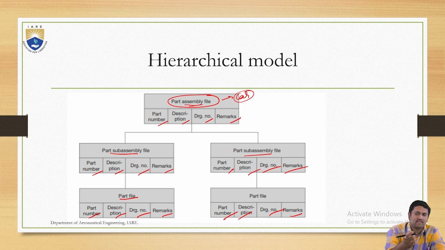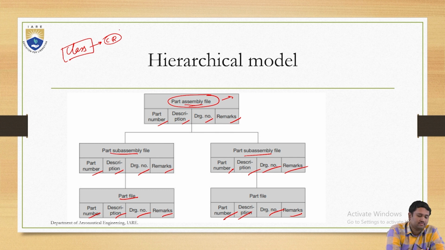For example, we will take another example, not the car. We will take an organization, let's say, an Institute of Aeronautical. Who reports to whom? A simple hierarchical model, right? Let's say a class. Out of a class, we are representing the whole class with the CR.